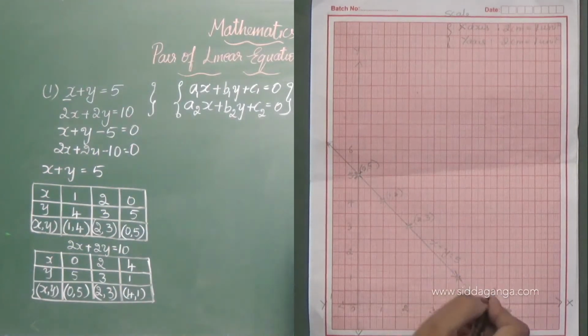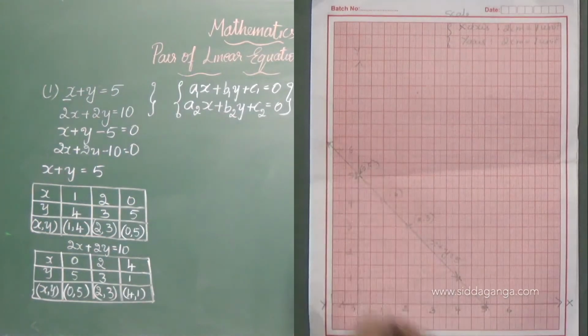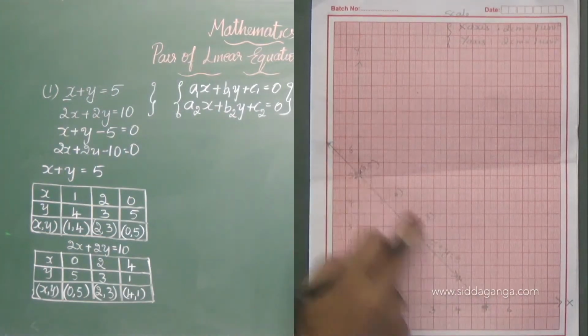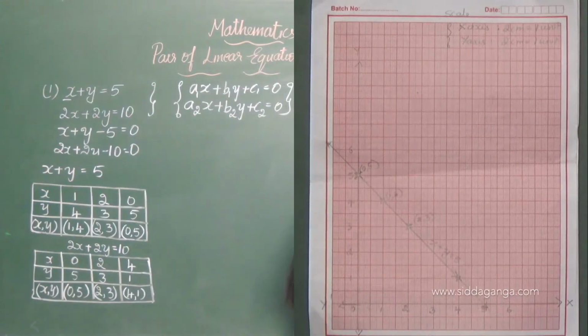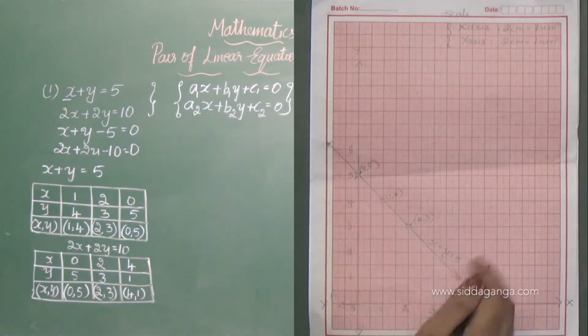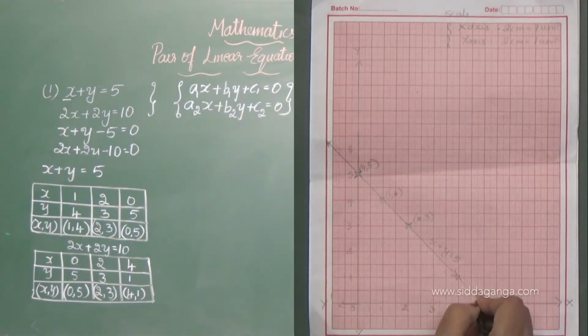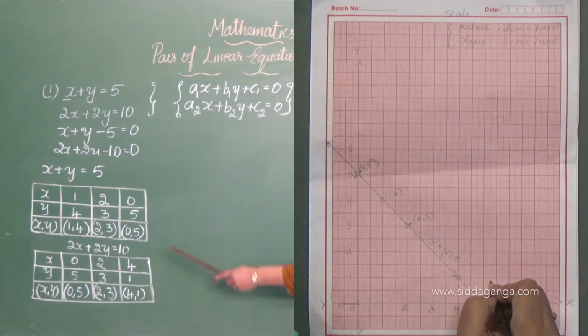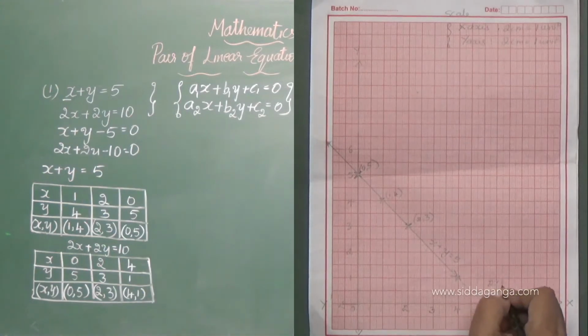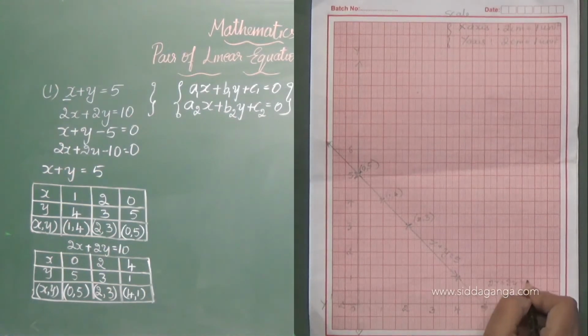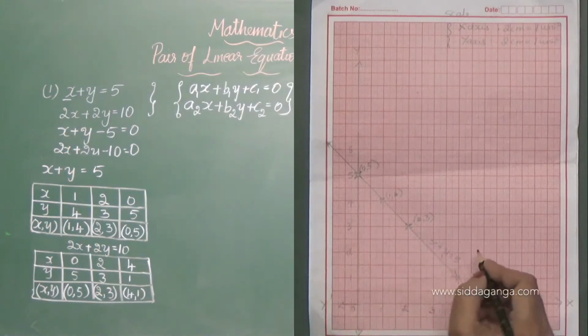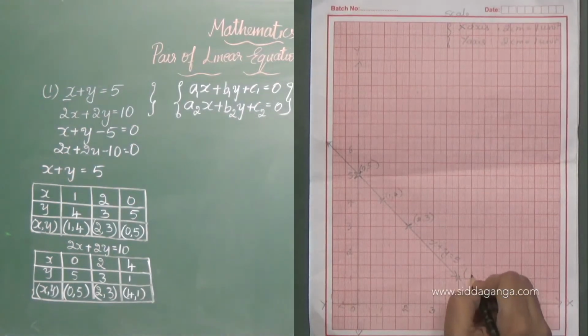Now what does this show? We got two lines and they are coincident, with the same points. This represents 2x plus 2y is equal to 10, and the coordinates include 4, 1.